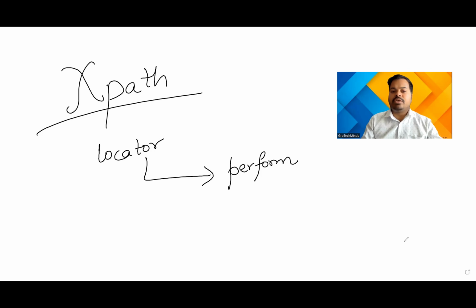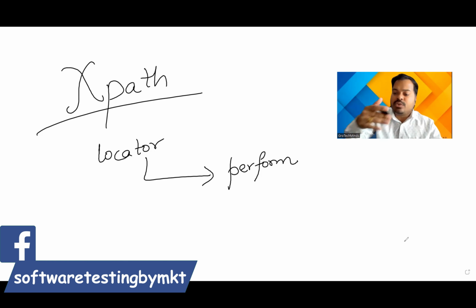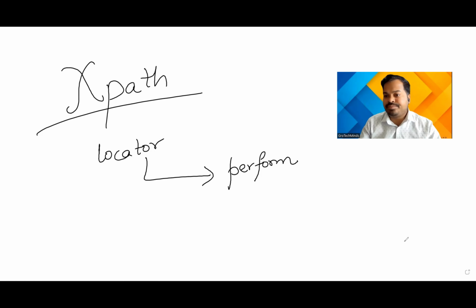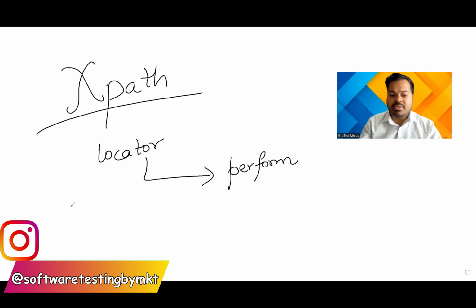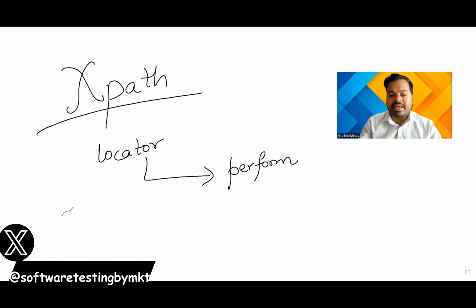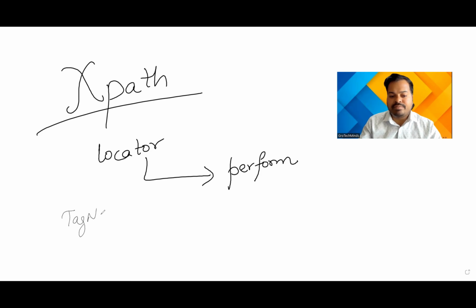Guys, XPath is going to make me reach a particular component using the various tag names that I have. Using the various tag names, it will help me reach any component over the given application, right?